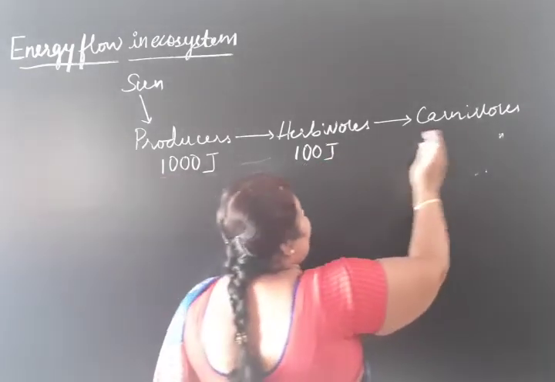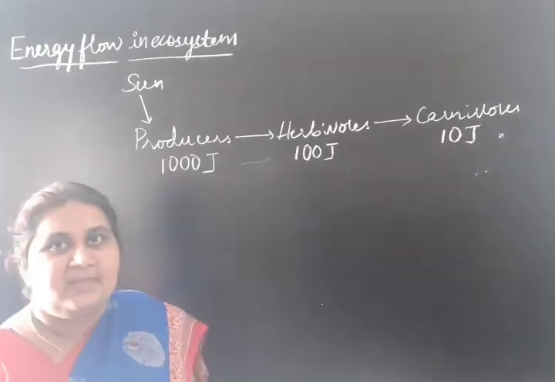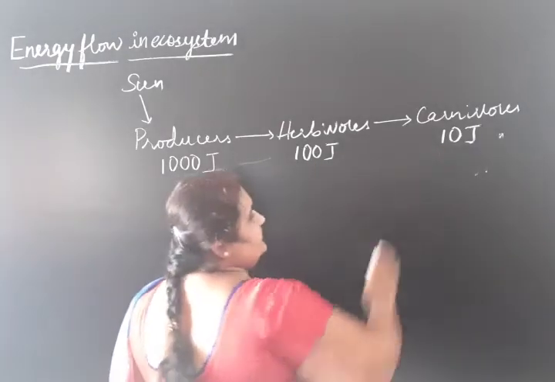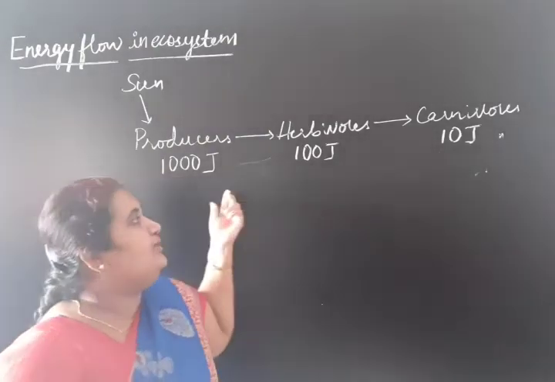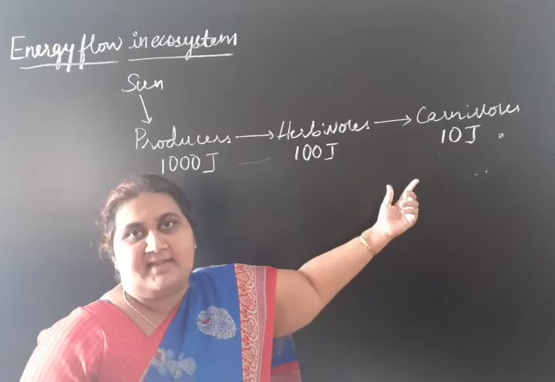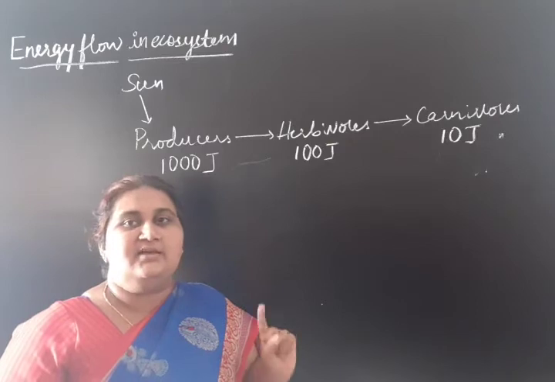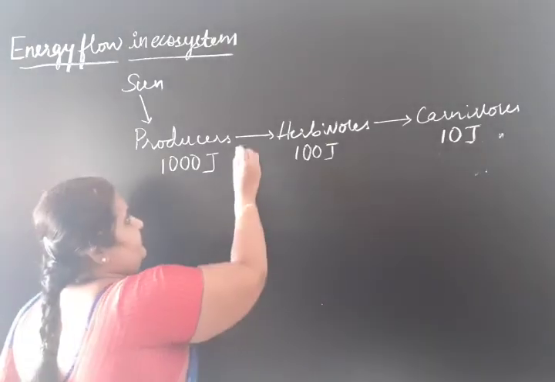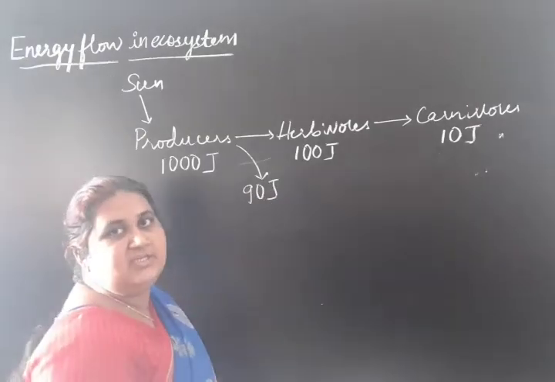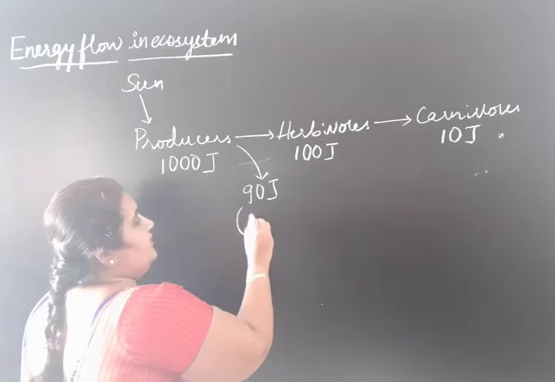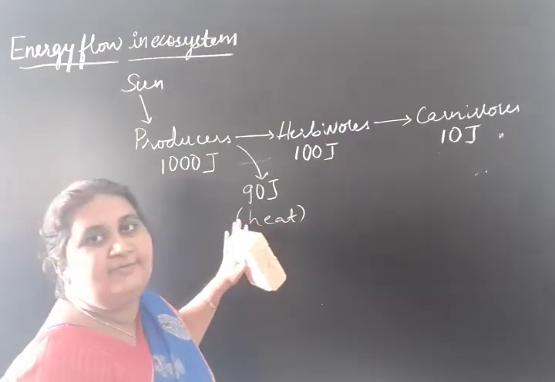From herbivore to carnivore, when it is transferred, it is 10 joules. You can clearly notice that as the energy flows from one trophic level to another, only 10% of energy will be transferred. 90% of energy is being lost in the form of heat. 90 joules of energy is being lost in the form of heat.